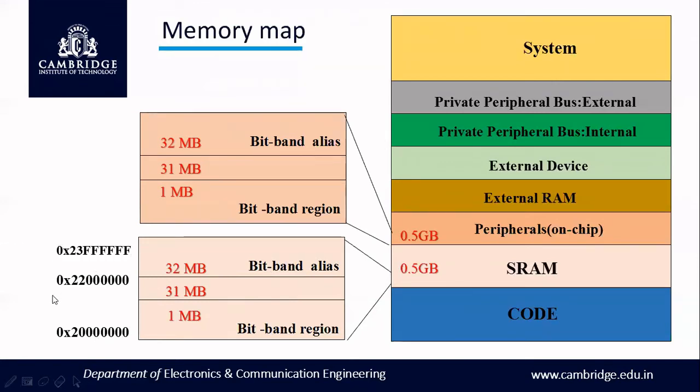So this is my bit band alias region wherein I have the bit addresses of the data stored in this 1 MB space. Since my on-chip peripheral is starting at 4 followed by 6 zeros, the bit band alias would start at 4200 and then end at 43 FFFF. In this case, I've added 01 FFFF to get the last address for the 32 MB space of the bit band alias region. Right? So this is about the addresses for the various regions in detail.